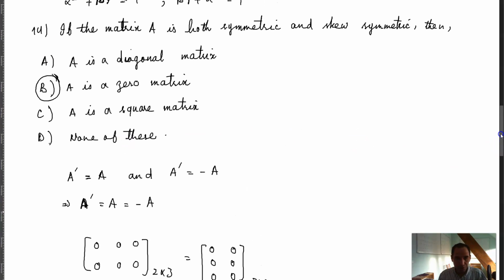In the case of other matrices, that's not always the case.